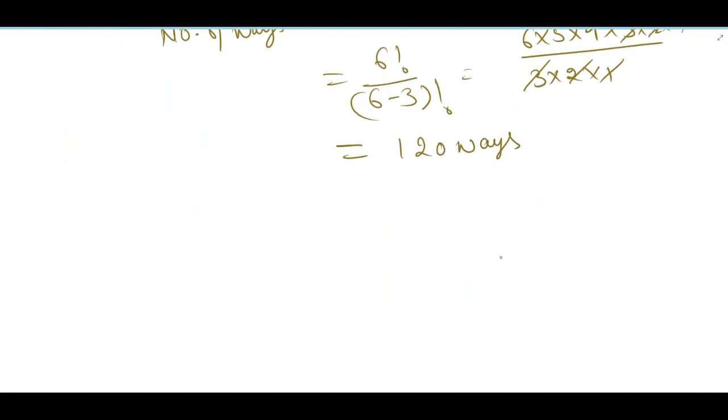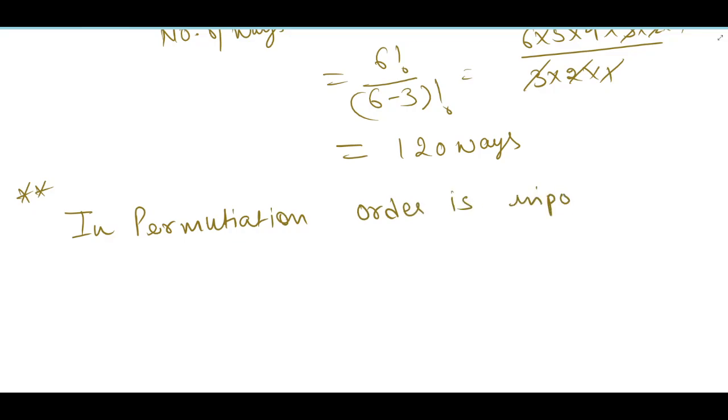So the number of ways in which a three-letter word can be formed is 120 ways. So in permutation, order is important. That is, every order is unique.